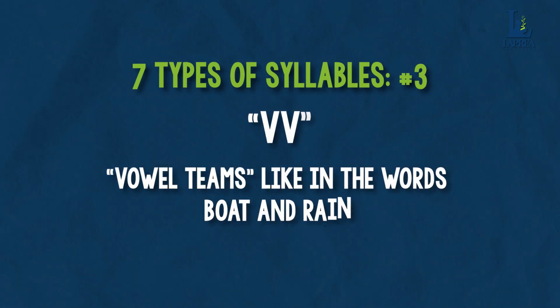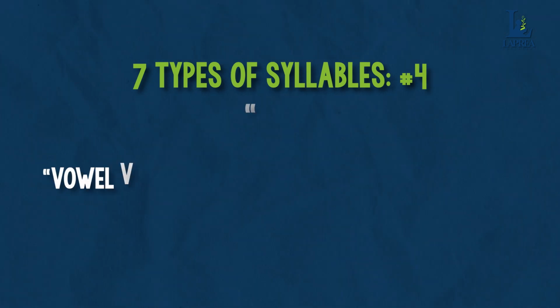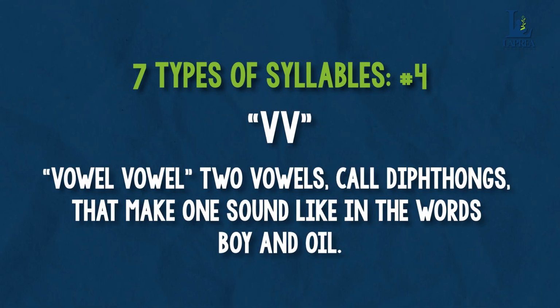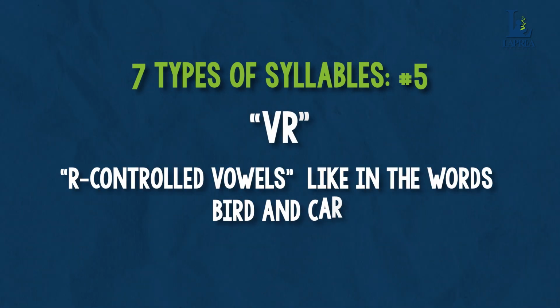We have the vowel team, or VV, syllable, like in the words boat and rain. Then again, we have vowel teams, which are 2 vowels together called diphthongs that make one sound, like in the words boy and oil. Then we have the VR syllable type, or R-controlled vowels, like in the words bird and car.